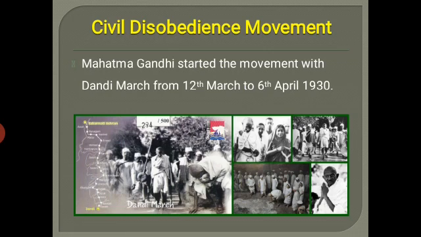As the movement spread, foreign cloth was boycotted and liquor shops were picketed. Peasants refused to pay revenue and chowkidar taxes. Village officers resigned, and in many places, forest people went into reserved forests to collect wood and graze cattle. So, in such a way, students, the civil disobedience movement was going on.